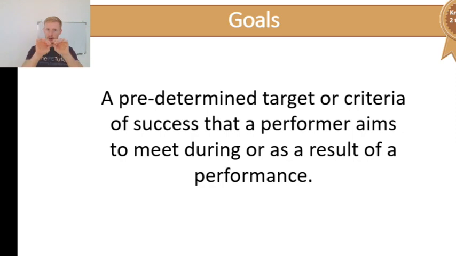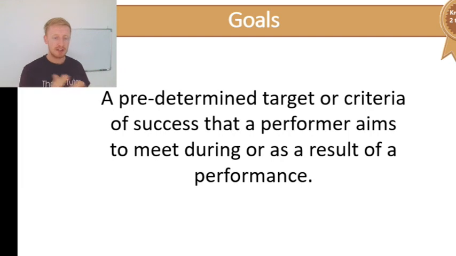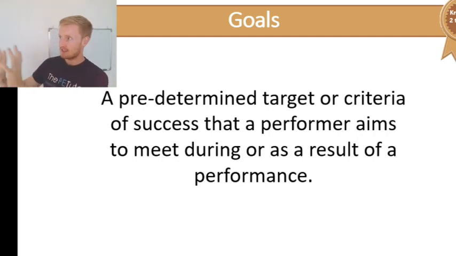Now, we're going to look at sort of splitting this into two schools of thought, performance and outcome. But on the whole, if we just think of what a goal is and how a performer or a coach can use it to their effect, it's writing down, it's a plan. What am I looking for? What am I getting out of this competitive scenario? What is it that I'm looking for?